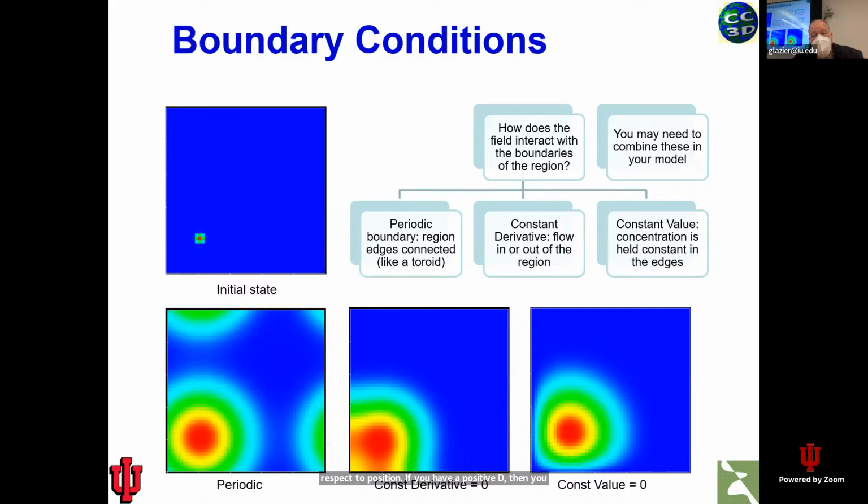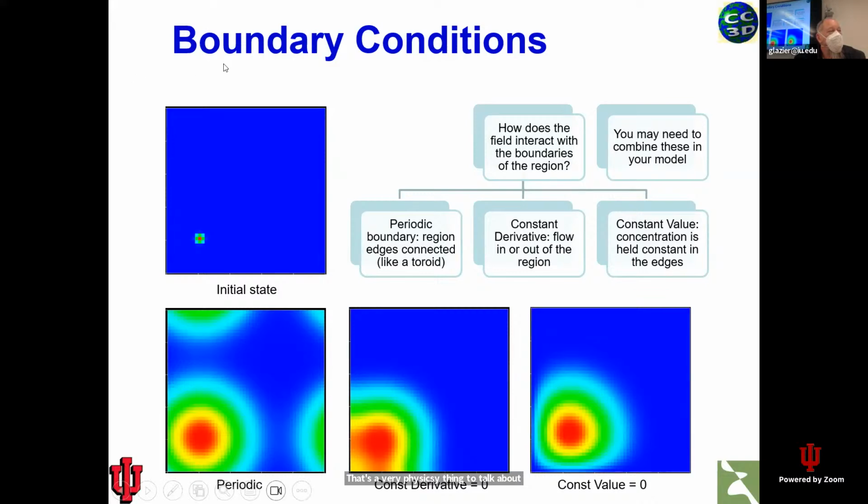If you have a negative D, you get e to the minus i omega times t, because the number in the solution is the square root of the diffusion constant. So if the rate of decay is imaginary, then that's an oscillator. You get sine waves. That's a very physicsy thing to talk about.